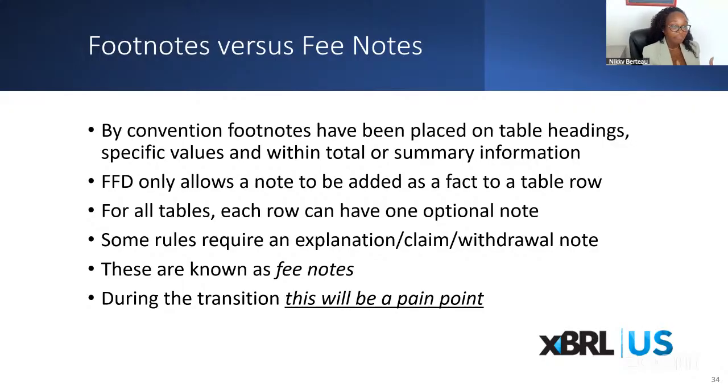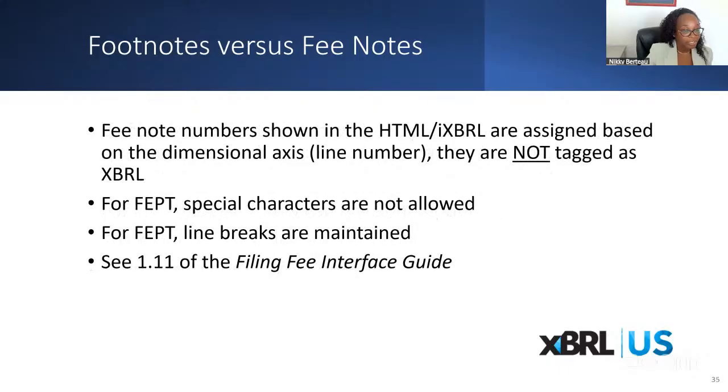With the FFD taxonomy, only one note, which we'll call a fee note, can be added as a fact to each table row. Some rules also do require an explanation, a claim, or withdrawal note, so it's just important to call that out. It's important to note that this transition with fee notes has been a pain point for many filers. Okay. Next slide, please.